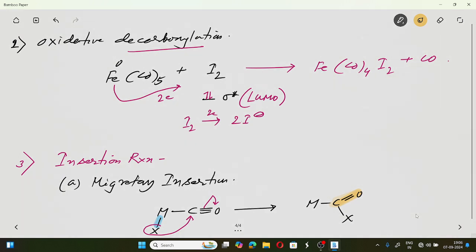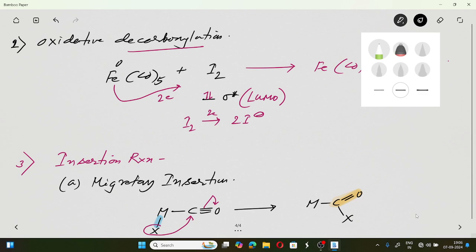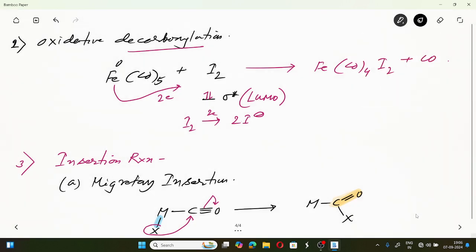Now if you look more closely, initially this X is one bond away from the metal center, and now it is linked to an atom which is also one bond away from the metal center.